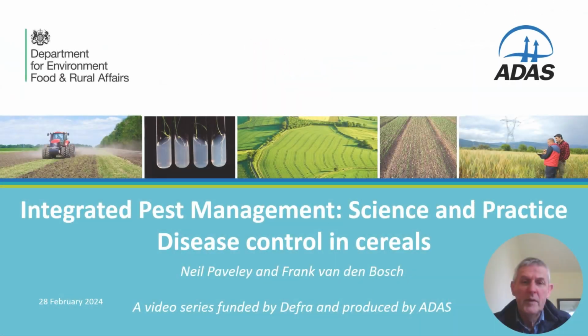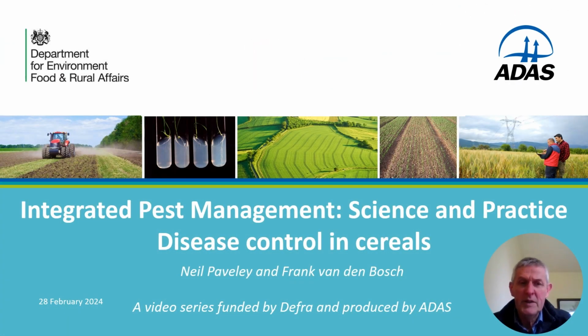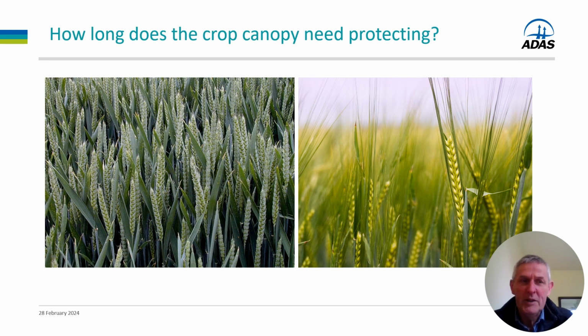So let's get started. This is a video on the science and practice of integrated pest management focused on disease control in cereals. We're focusing in this video on the question, how long does the crop canopy need protecting? Because it's a principle of IPM that we only protect the crop when it needs it.